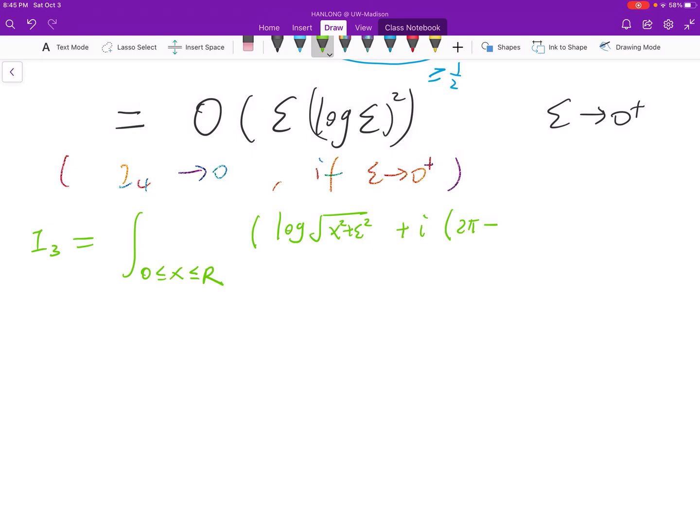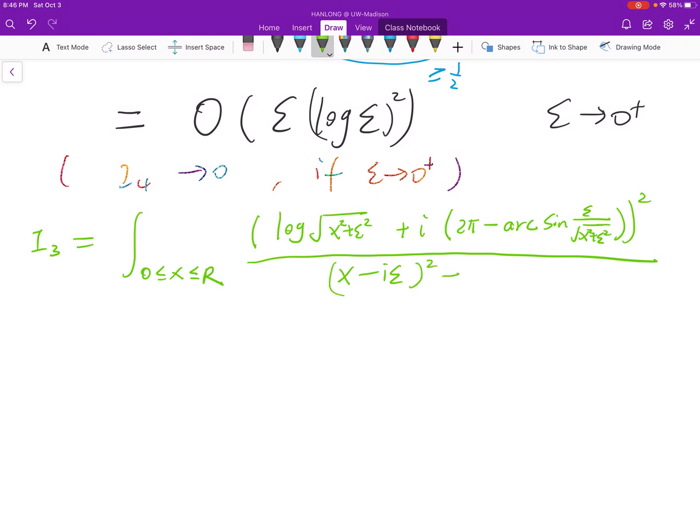So by the definition of log z, here we use this formula, over (x minus i epsilon) squared plus 1, dx.